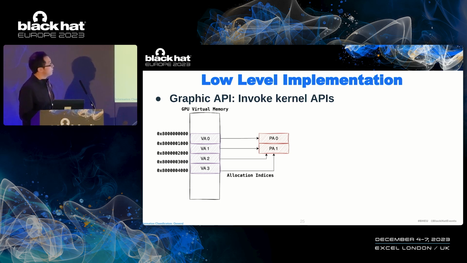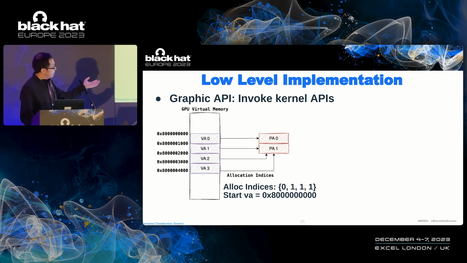So for example, the diagram here indicates that virtual page 0 is mapped to physical page 0, and virtual pages 1, 2, 3 are mapped to the same physical page 1. That means if you supply certain allocation indexes and the starting address of the GPU virtual memory, the driver will handle the allocation request and map the sparse memory to look like this.